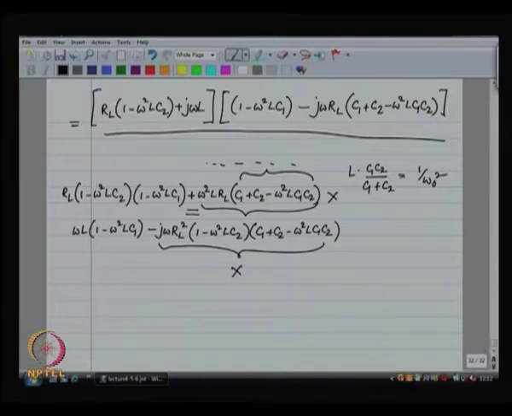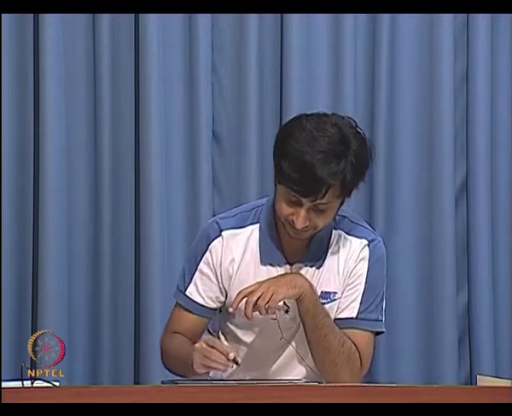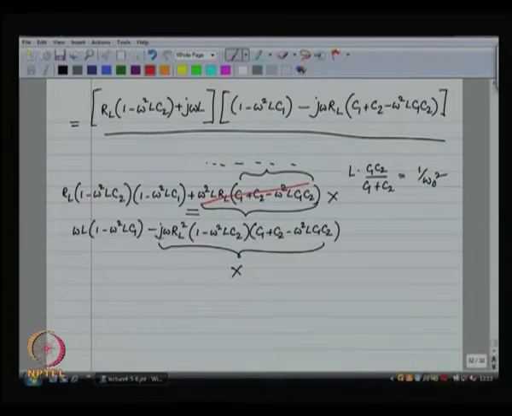Then the second engineering approximation that we are making over here is that around the center frequency, these quantities are still going to be very, very tiny. So, given that, both this and this can be thrown out.